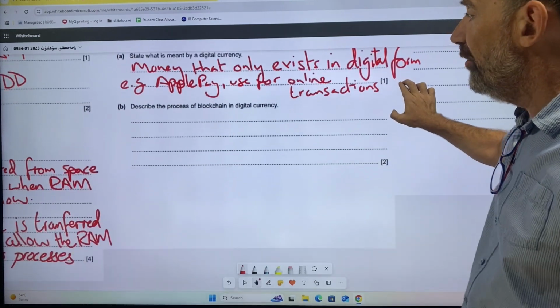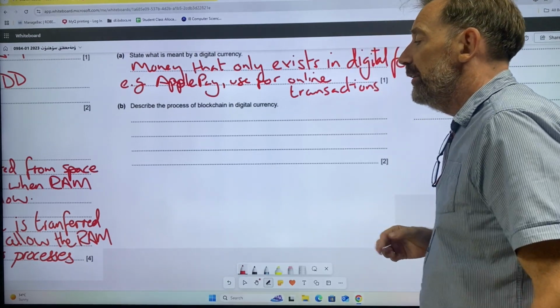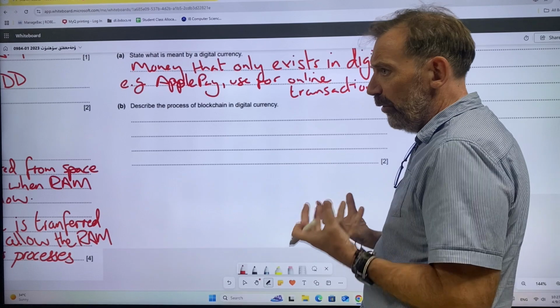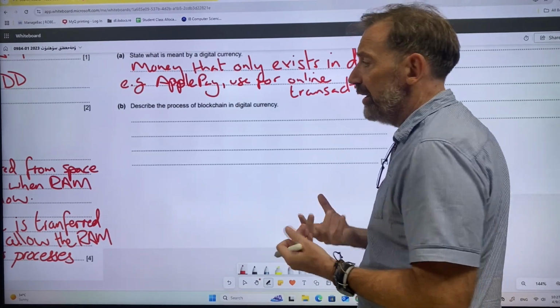And then for 2 marks, describe the process of blockchain in digital currency. Well, blockchain is basically keeping a record of all these online digital transactions.